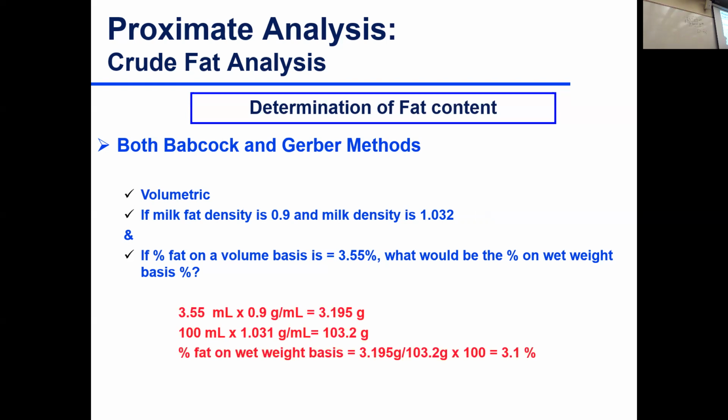So now I have this amount of fat. And in 100 milliliter, again, I multiply by my density for milk, I get 103.2 grams of milk. So I have this much fat in this much milk, and then I multiply by 100 to get the percentage on weight basis.